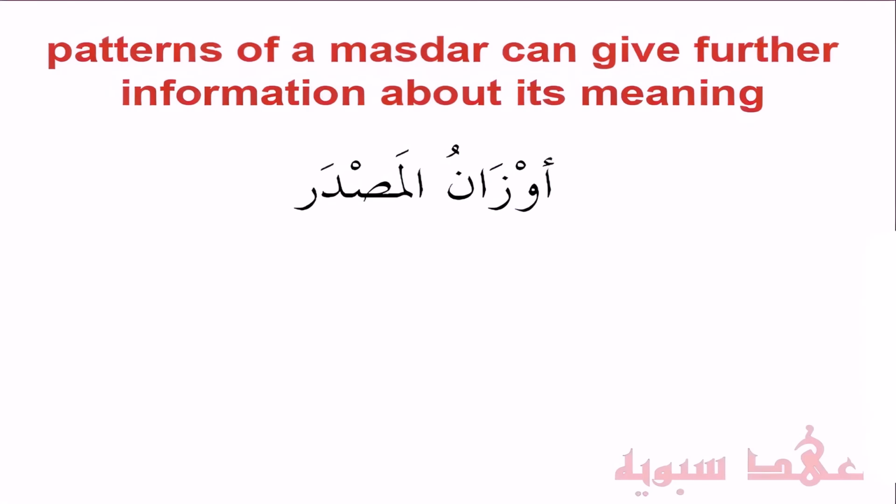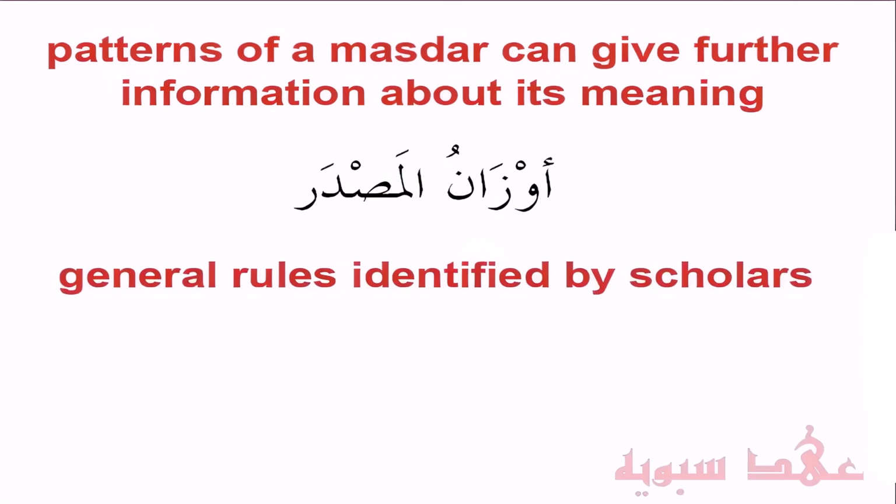Now, what I'm going to speak about in the lesson are general rules identified by scholars, and I've summarized them. Let me just take an example of this. We have the pattern fa'il. Now this is a common pattern, and it's a shared pattern because fa'il is also used for other types of words: the ism fa'il, the ism maf'ul, the sifa mushabbaha, and so on.